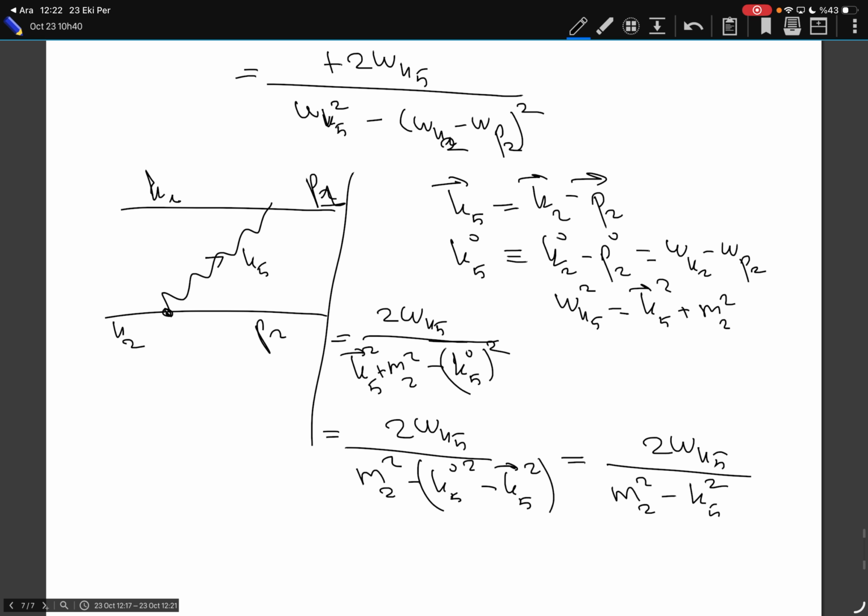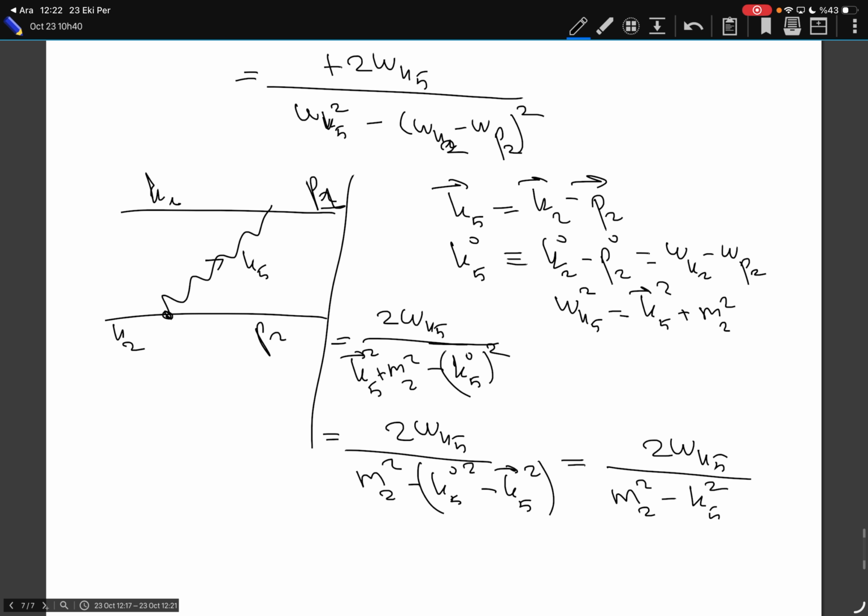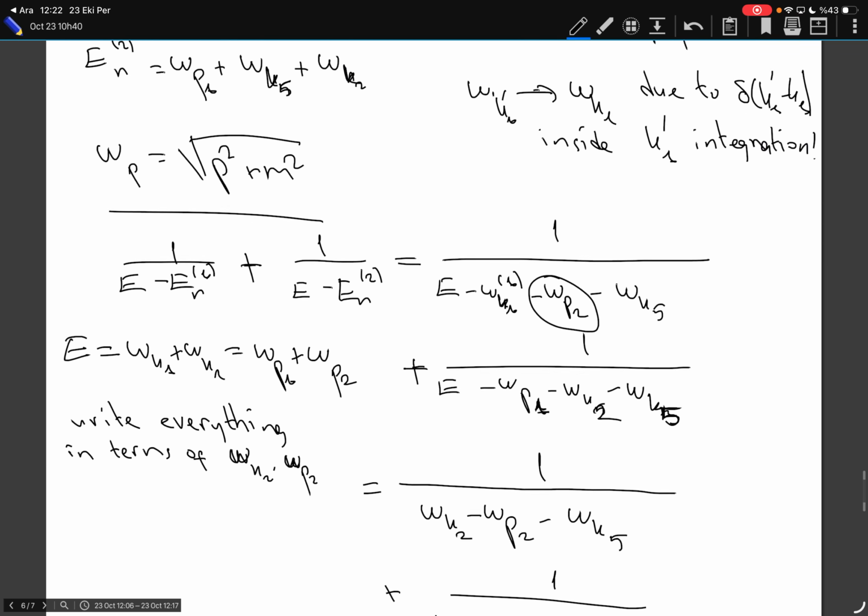Okay, so what have we done? I essentially have these two diagrams, as we have seen before. When I sum these two diagrams, now these two diagrams basically have exactly the same contribution.